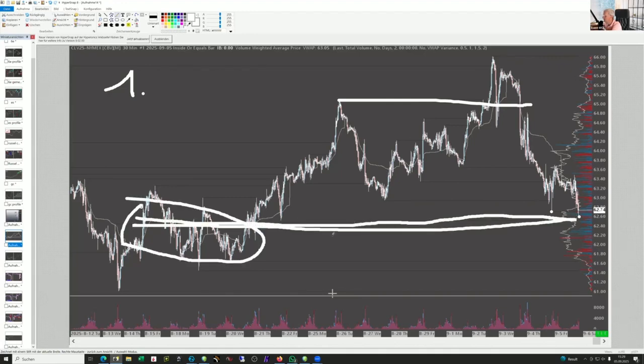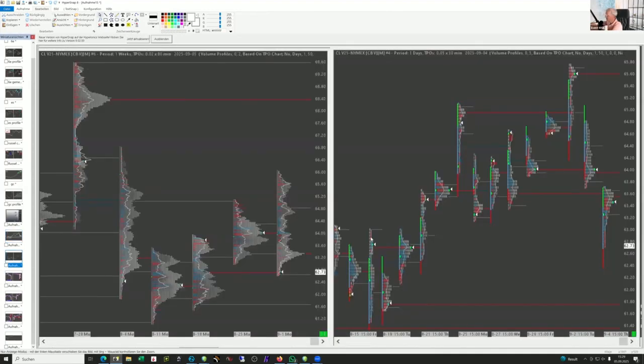For me, what happens now is not so interesting. For me, it's interesting to make a pullback to this old volume area and see what happens there. But this is only the quick watch. It's not so nice. It's creeping down, aggressive down. After aggressive, it's possible that we make a little pullback. But now, let's look for real and interesting locations to trade.